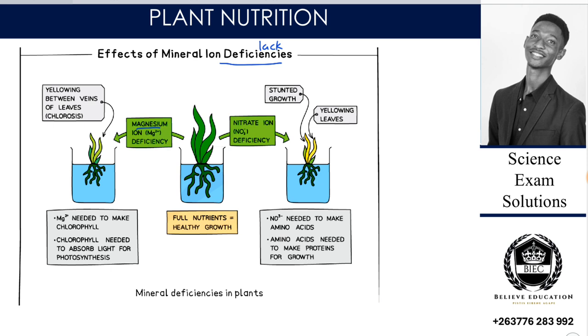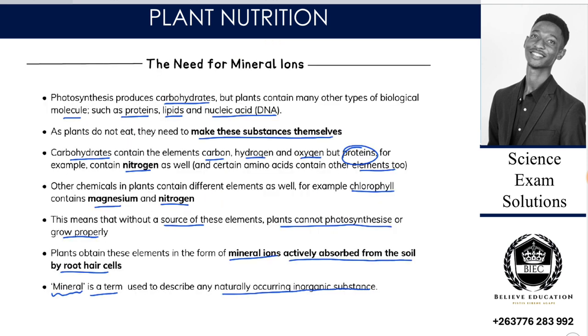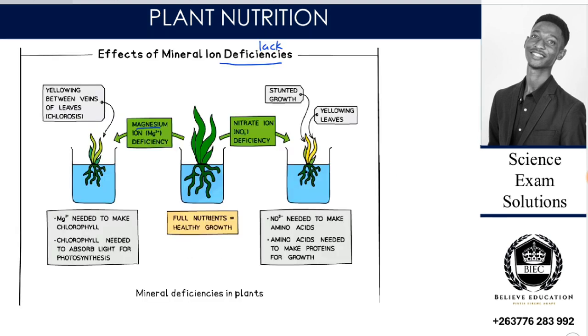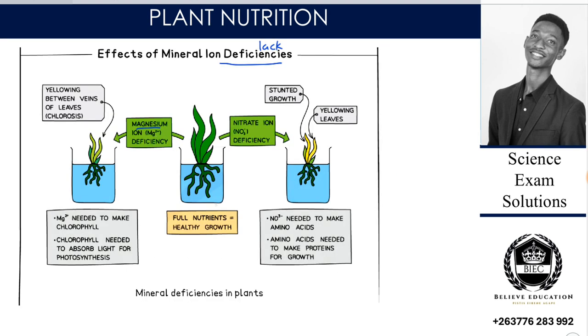Like we said here, chlorophyll contains magnesium and what? Nitrogen. Right? So which means if a plant lacks magnesium, it will get chlorosis, whereby the leaves do not have good chlorophyll. And then we also needed nitrogen, which is the nitrate ion.